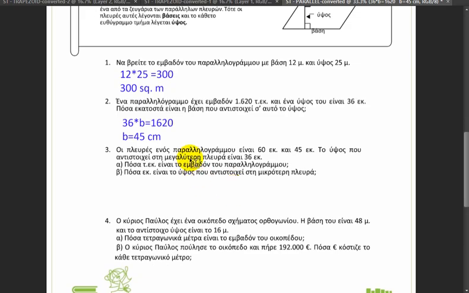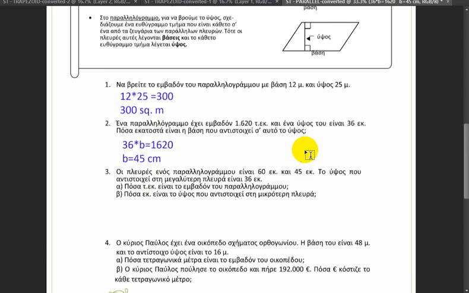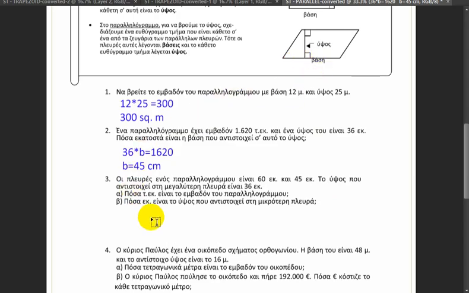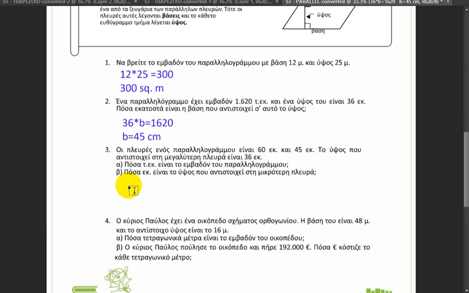Next up, we have the sides of a parallelogram that are 60 and 45. And we're being told that the height that corresponds to the longest side is 36 centimeters. First, we're being asked what the area of the parallelogram is. So let's find that immediately.